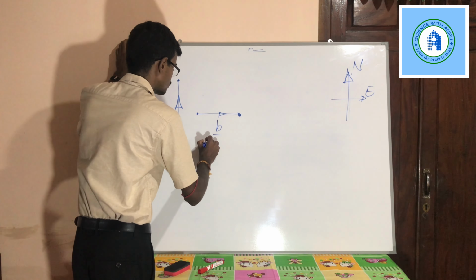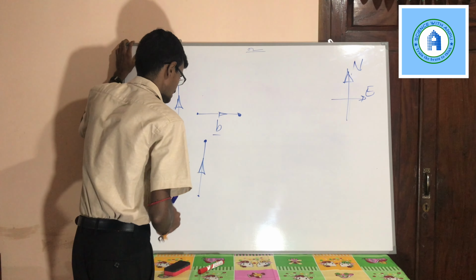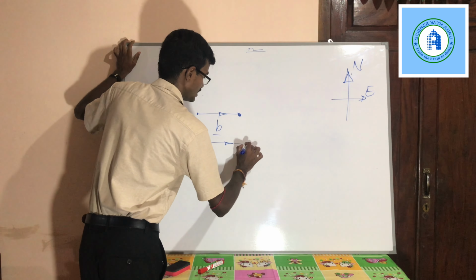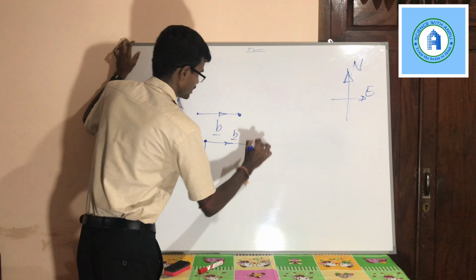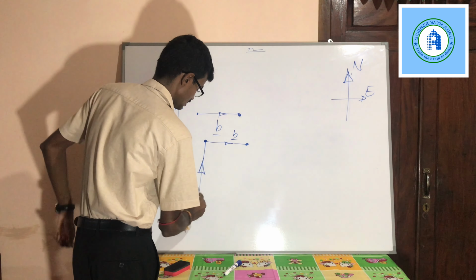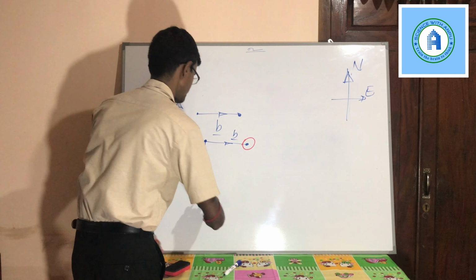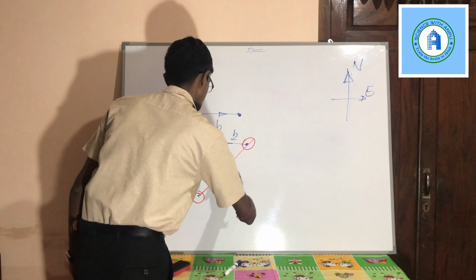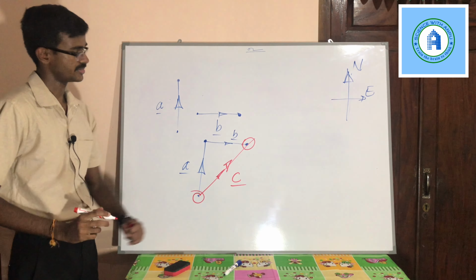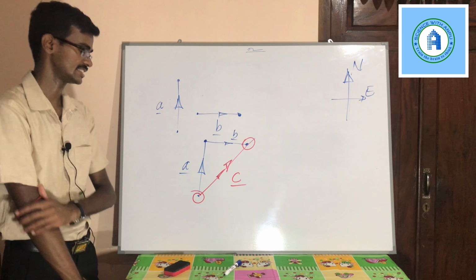Then from the end of vector A, I have to start the vector B according to its length and direction. So from the start of A to the end of B, this will give the C vector, meaning the resultant of both vectors A and B.